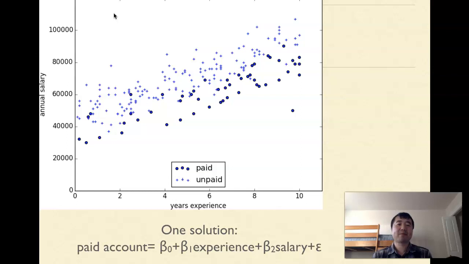We already learned several models like linear regression, right? So obviously you can come up with one solution, like beta account would be beta 0 plus beta 1 experience plus beta 2 salary plus epsilon. So you can do that. If you apply that multiple regression, what happens?